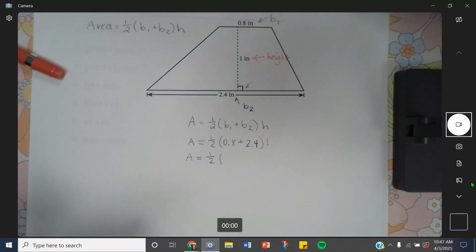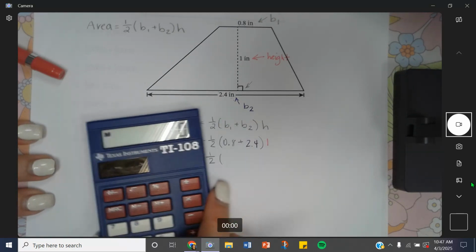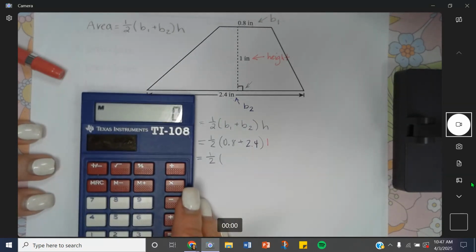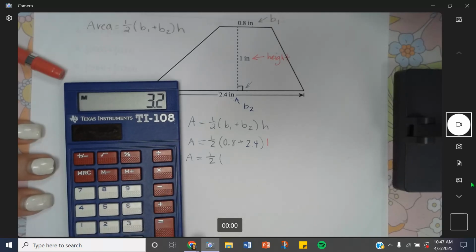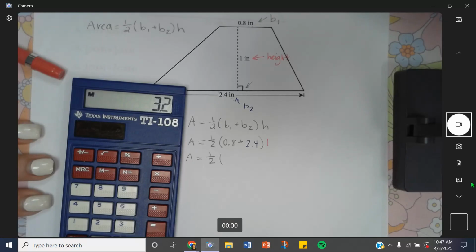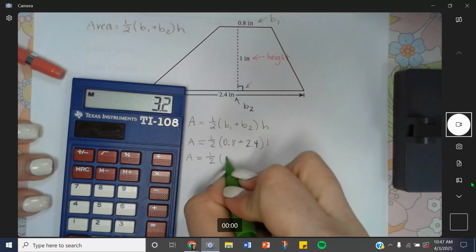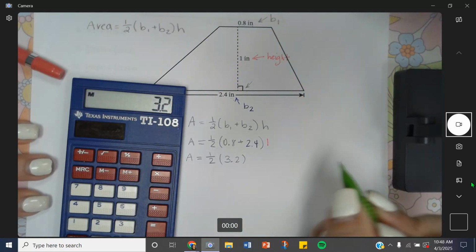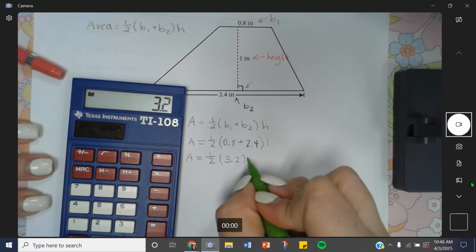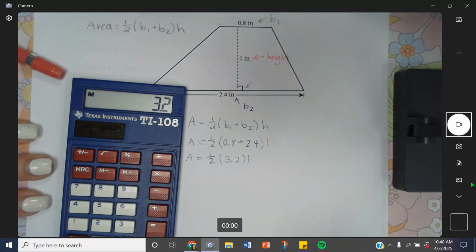So using your calculator, go ahead and add what is inside of the parentheses. So I'm going to add 0.8 plus 2.4, and that is going to get us 3.2. And I'm going to leave that in the parentheses because we are multiplying this number by our height.